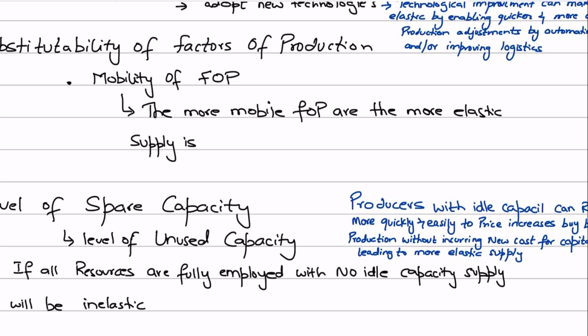Remember that for the supply of firms where businesses have factors of production that they can easily substitute to producing a particular product, they can use other factors of production because they are mobile.